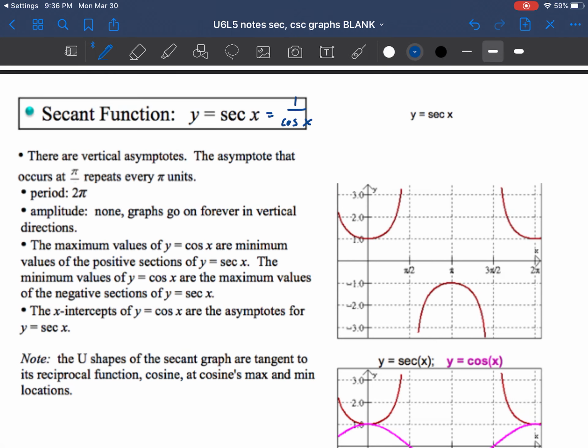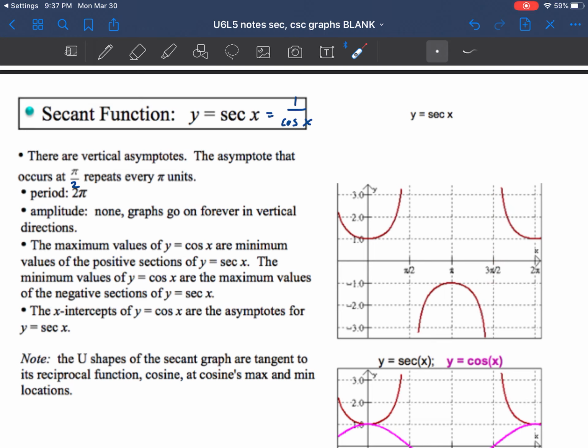Let me write that in. That's pi over 2, and it still repeats every pi units. So cosine of pi over 2, well, that's 0. So secant has a vertical asymptote. Go pi units to the right to 3 pi over 2. We know that cosine of 3 pi over 2 is 0 also. Secant has a vertical asymptote there.